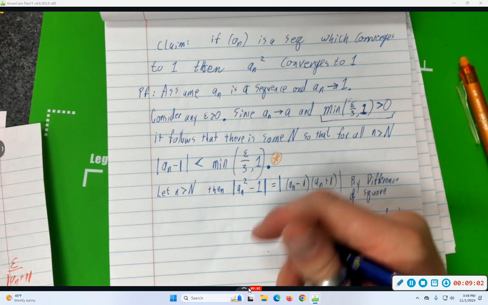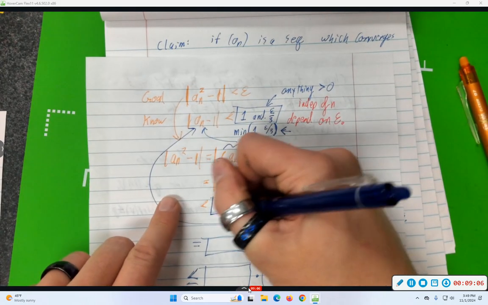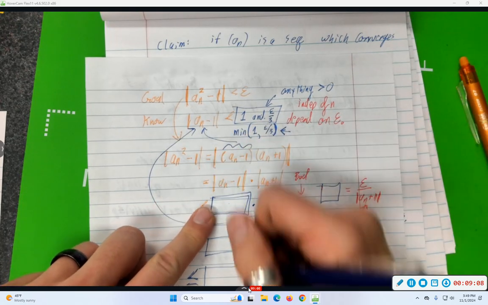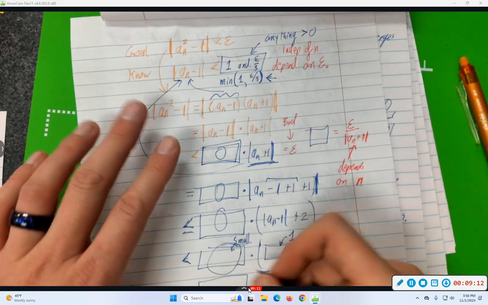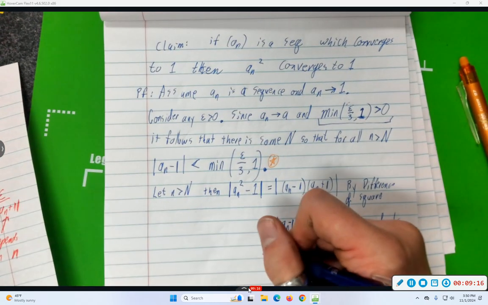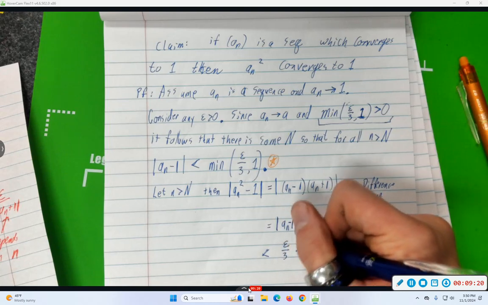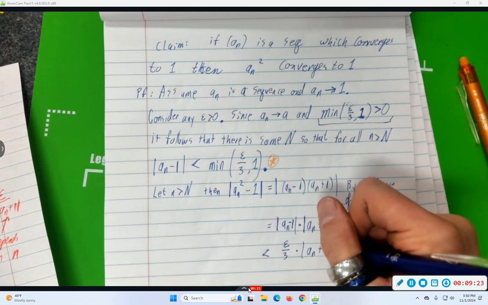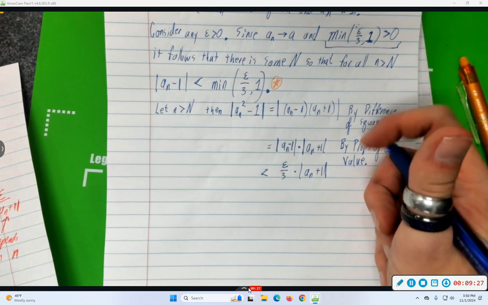All right, and what did I do over here? Well, I put a box here and said it was less than that box. What's the thing I needed in this box? It was epsilon over 3. It is less than epsilon over 3 times the absolute value of a_n plus 1. And now I'm going to go out of this math mode tower to write a sentence.